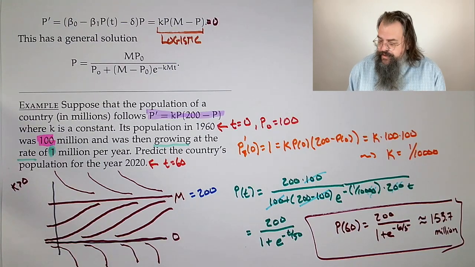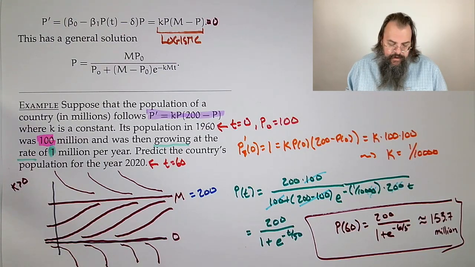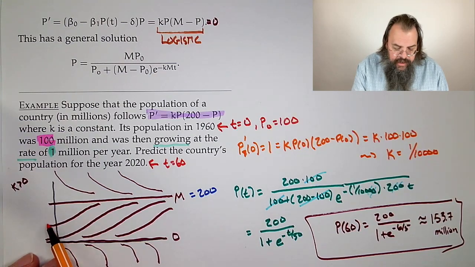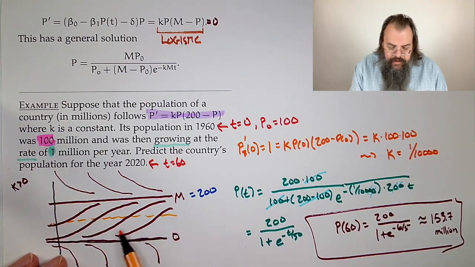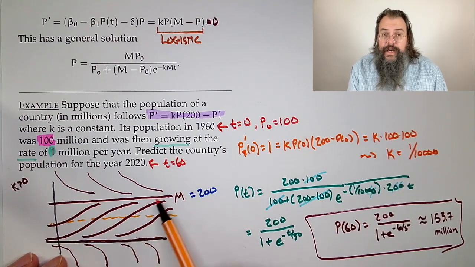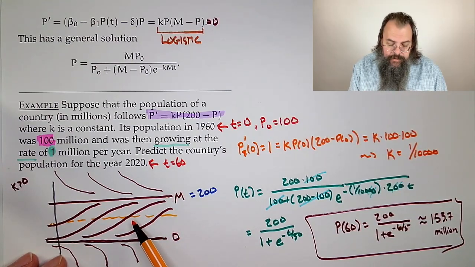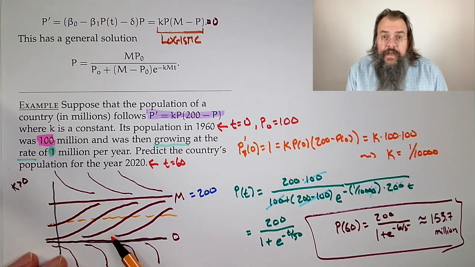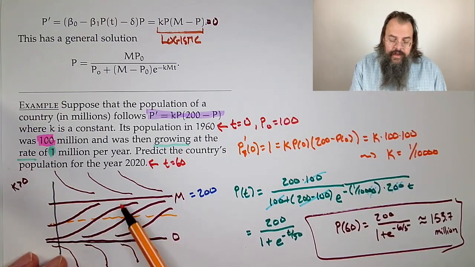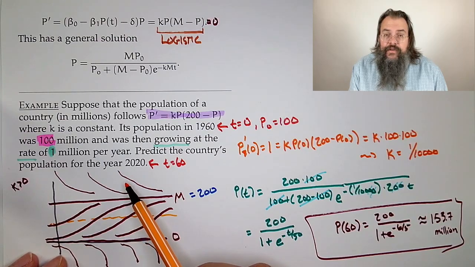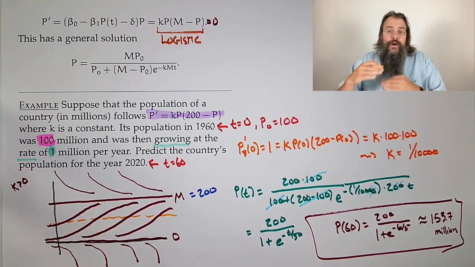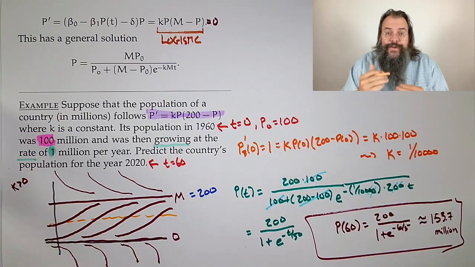Would that be reasonable? Well, no, because we're starting at 100, and we can see that we should be drifting up to 200. So our answer should definitely be somewhere between 100 and 200. So if we somehow got 15, that's too low. Same idea, if we got like 320, that's too high.